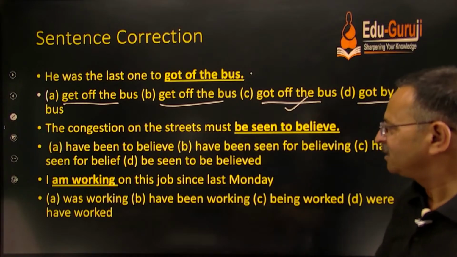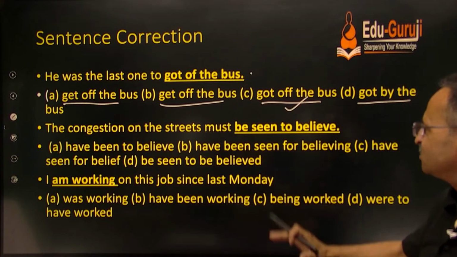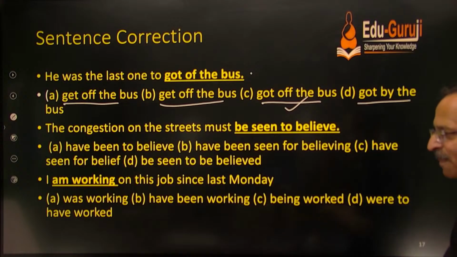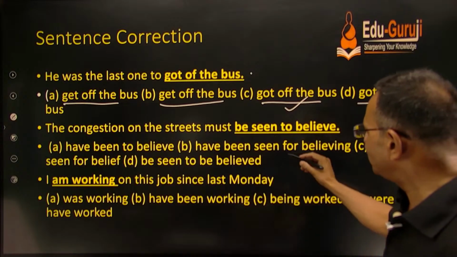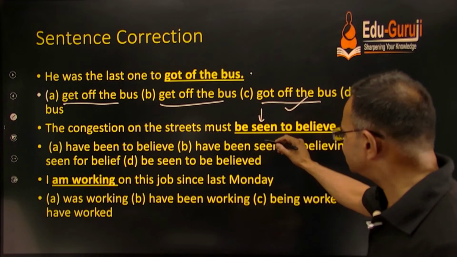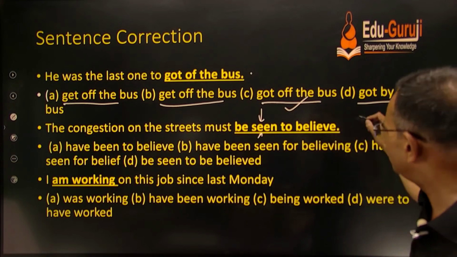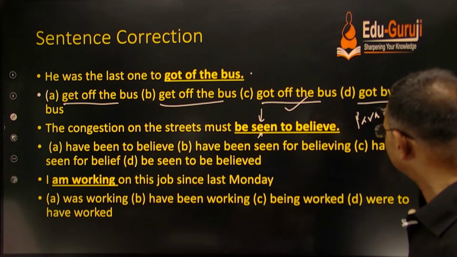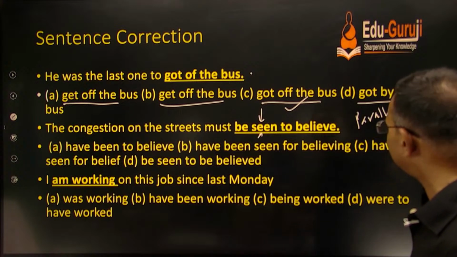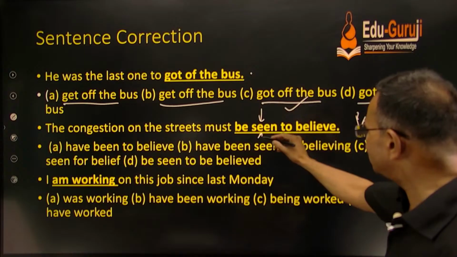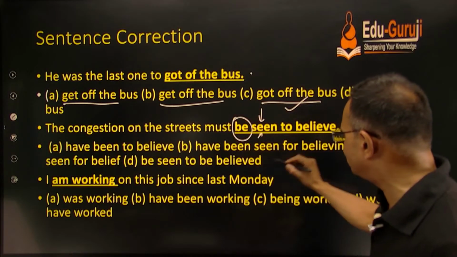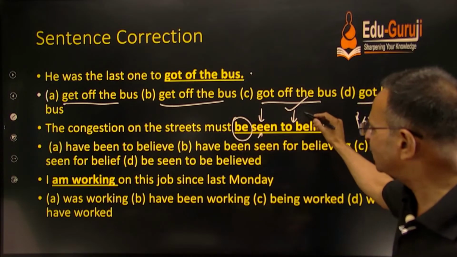Then you have: the congestion of the street must be seen to believe. Now look at the question here. This is passive, and this is an option where parallelism will come. So what we need here is, because here "must be" is followed by "be," here also you need to have a "be."